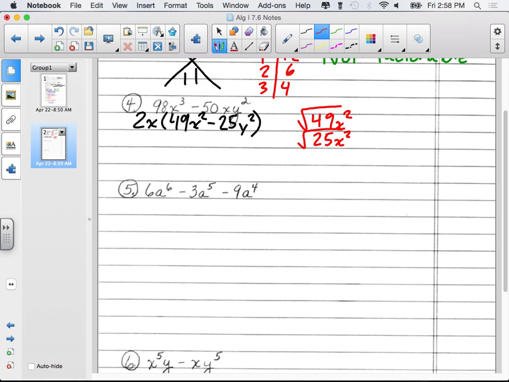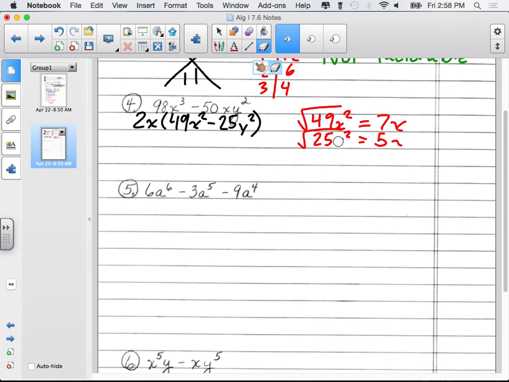what's the square root of 49x squared? 7x. Next one, 5x, or wait, nope, that'd be y, not x. Okay, y squared, so it'll be 5y, right? Yeah. All right. So in a difference of squares, the two factors that we get are going to start with what and end with what for this problem?